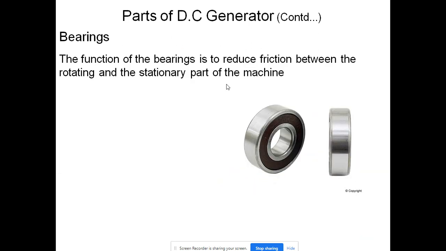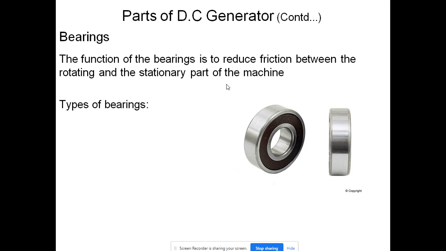Now the next part is the bearings. Mainly the function of the bearing is to reduce the friction between the rotating and stationary parts of the machine.